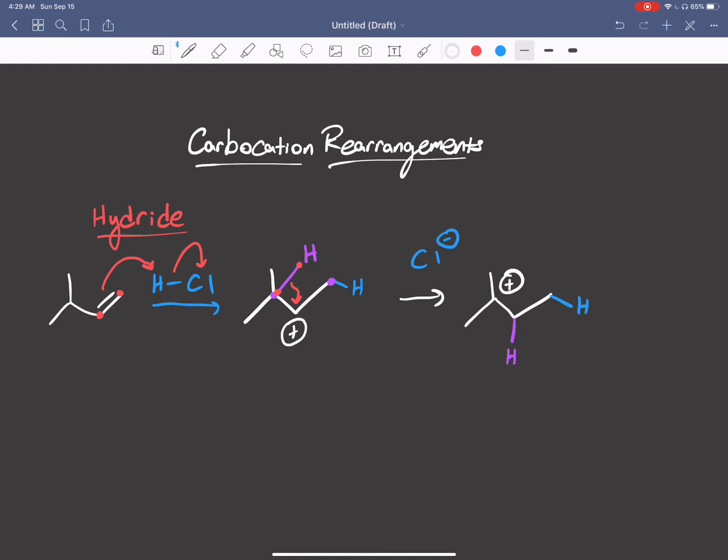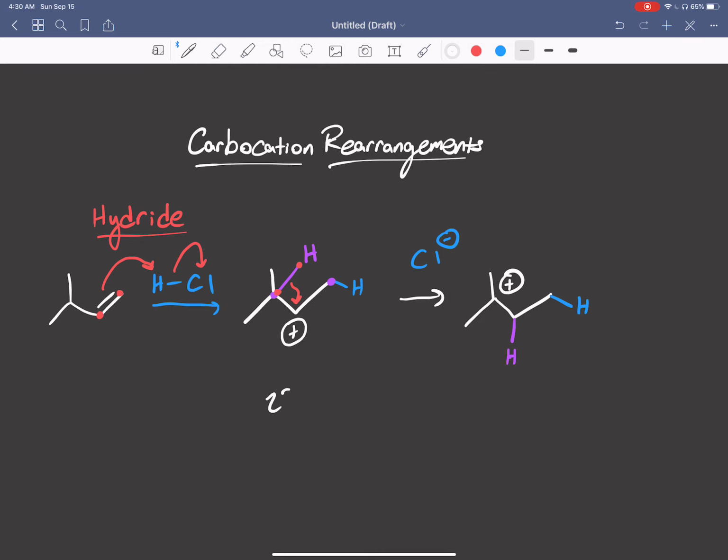And so what we did is we went from a lower stability carbocation to a higher stability carbocation. The key thing about rearrangements, and this goes for all types of carbocation rearrangements, is that they will only occur if the new carbocation that we form is more stable than the previous one. Not the same stability.